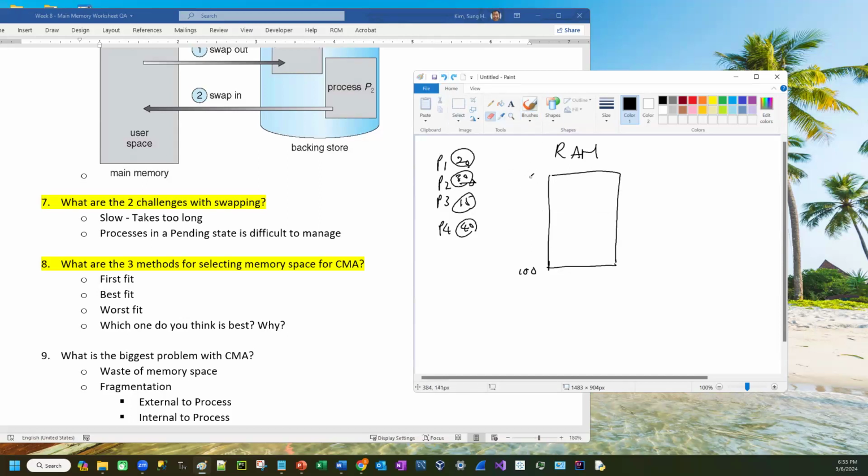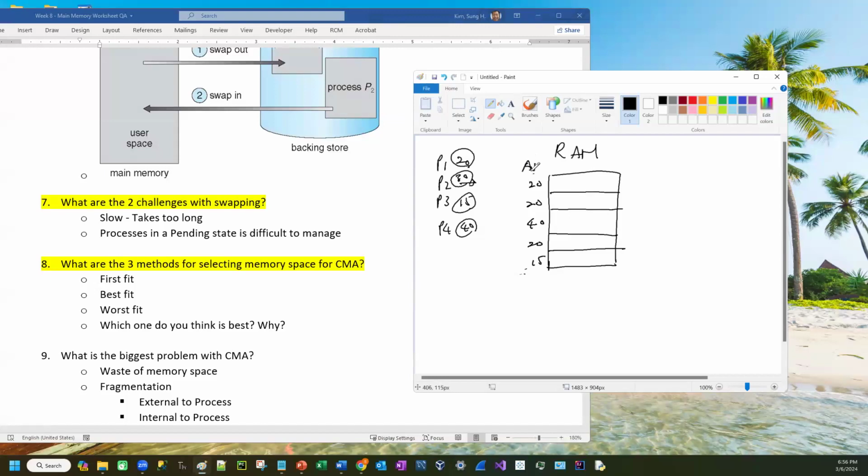So instead of this here, after a while, when the processes are running, I'll have a block here that's available, 20, and I have a block here that's available for another 20, and I have a block here that's for, let's say, 40, and then I have a block here for another 20 and maybe 15, let's just say, right?